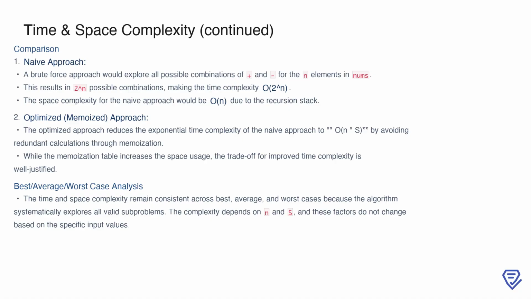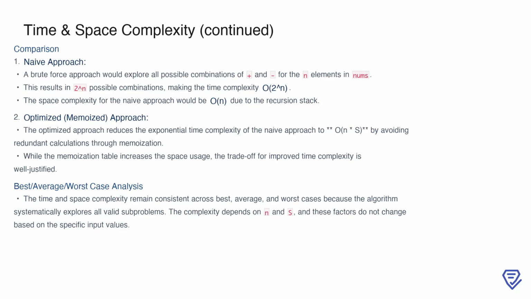To put this into perspective, let's compare the optimized approach to a naive solution. In the naive approach, we would explore all possible combinations of plus and minus for the n elements in nums. This results in 2^n combinations, giving the naive approach a time complexity of 2 to the power of n. The space complexity in this case would be O(n), due to the recursion stack depth.